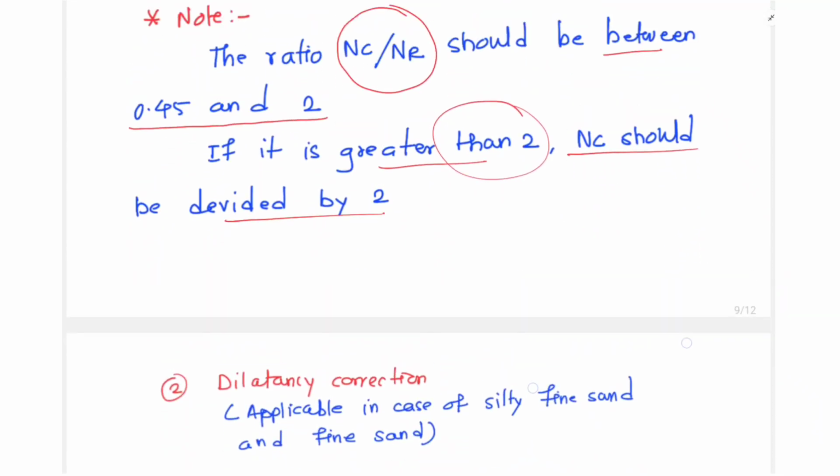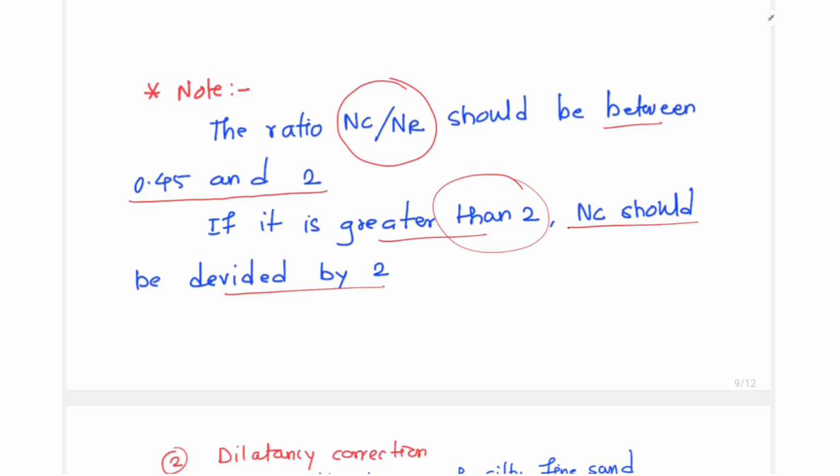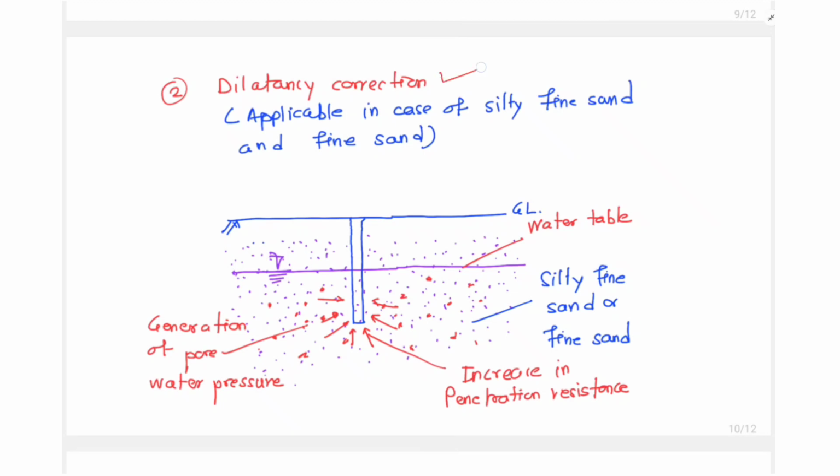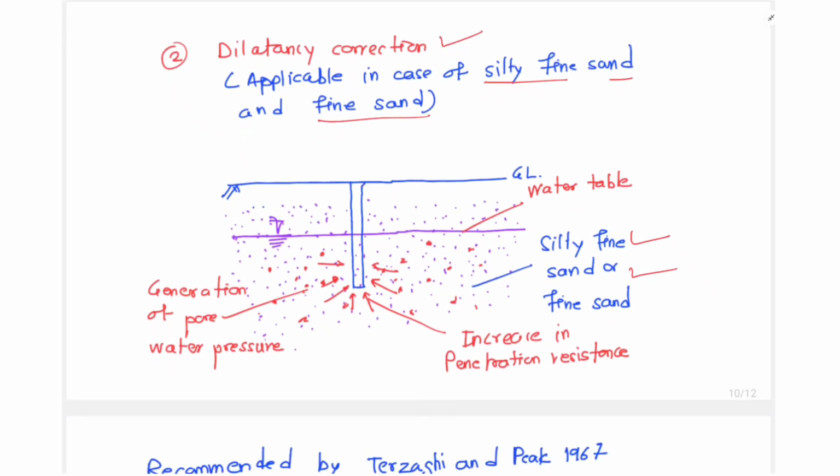And then after calculating this NC, there is a second correction. This correction is called dilatancy correction. This correction is applicable in the case of silty fine sand and fine sand. If the strata contains a high amount of silty fine sand and fine sand, then this dilatancy correction is applied. So what happens in the case of dilatancy correction?